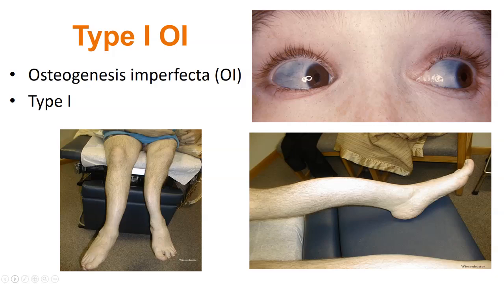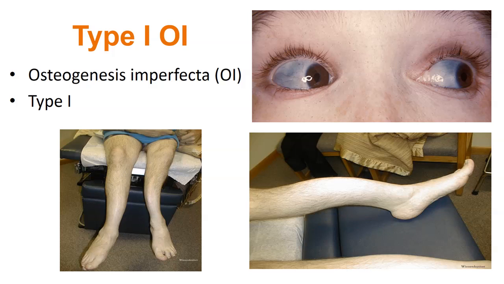I do have some pictures. Here's just one example of type 1 OI, some of the skeletal deformities you can see. Once again, I think Google Images is a really valuable tool. It's become much more valuable over the last few years. Type osteogenesis imperfecta in there and look at all the range of symptoms.